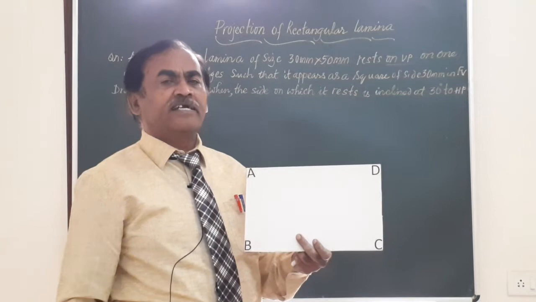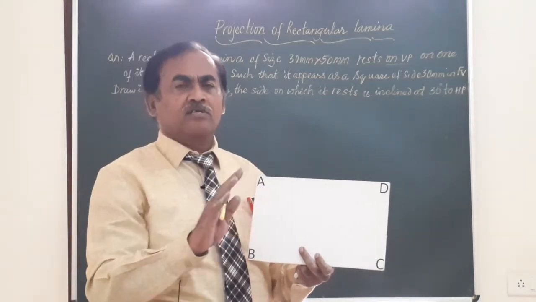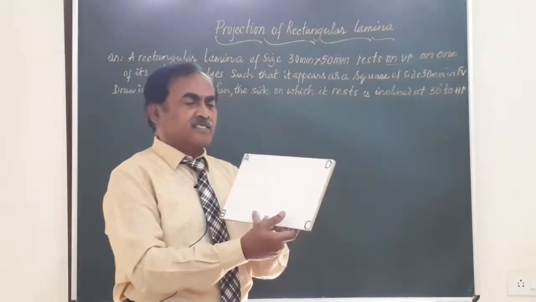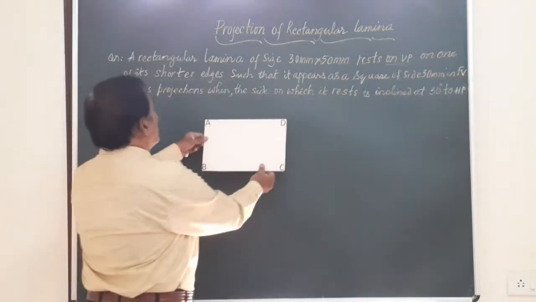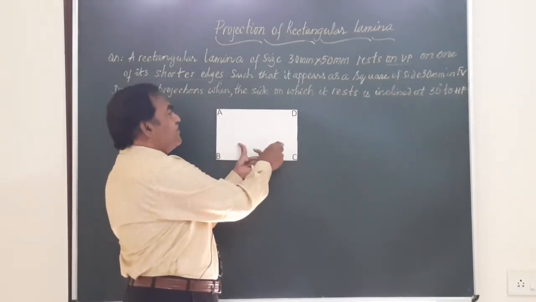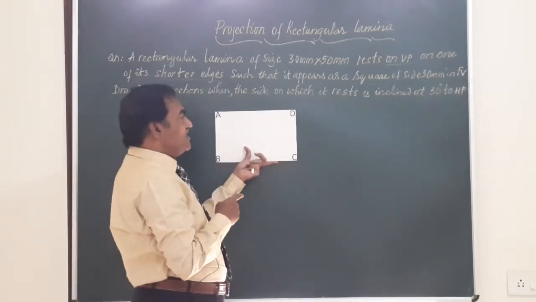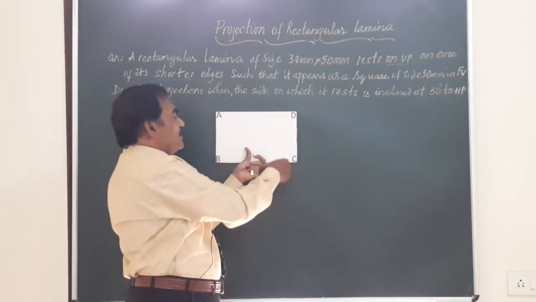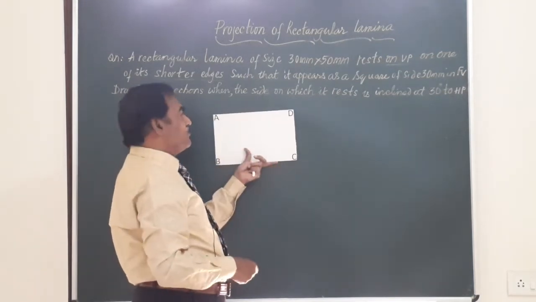Friends, he says it is resting on wall. So it is very obvious, and you should immediately analyze that the lamina is to be placed on VP or on the wall. Assume this is temporarily pasted on the wall such that one of the edges, shorter edges AB or CD is perpendicular to HP.